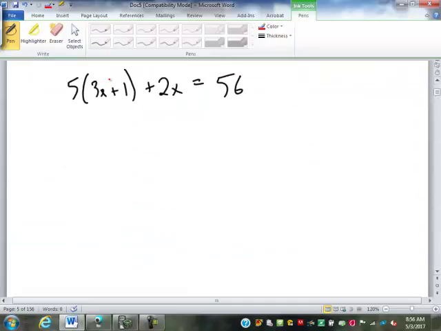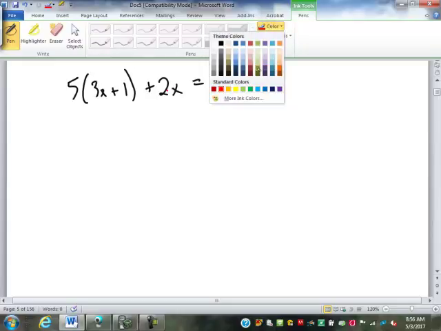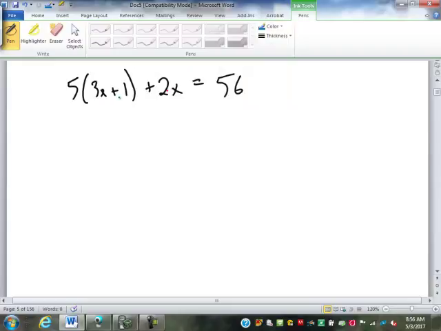I can't divide this by 5 because I got this 2x over here. So what I have to do is distribute. Nothing to do inside that parentheses. So I have to multiply by the 5. 5 times 3x is 15x. 5 times 1 is 5.